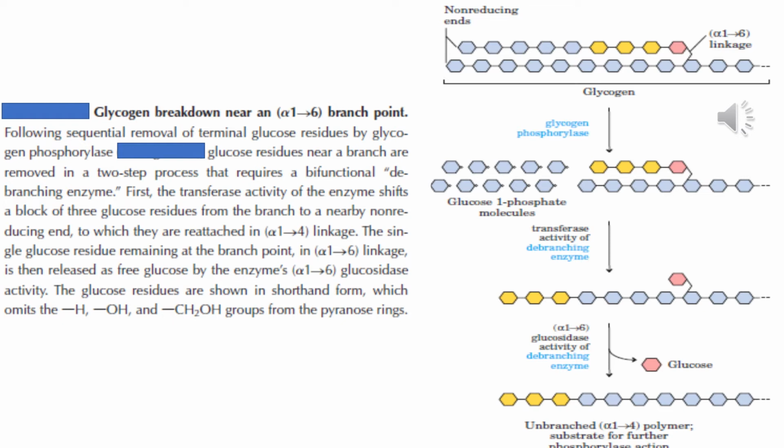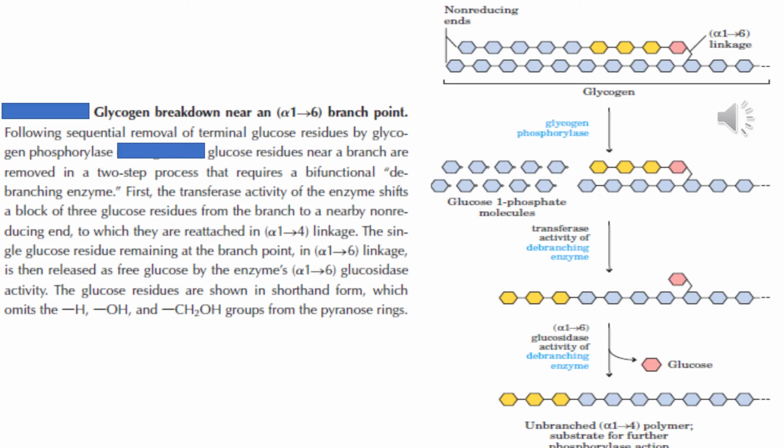Then comes another enzyme, the debranching enzyme. This is a 2-in-1 enzyme, which means this enzyme has two activities. In the first activity, there is the transferase activity. 3 of the glucose residues from the alpha-1,6 bonded glucose are transferred from there and added on to the non-reducing end of the other chain.